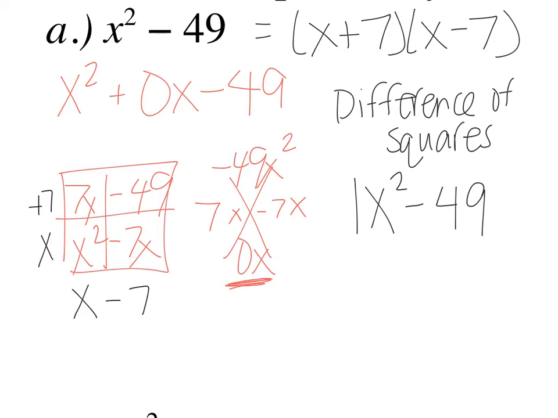It only works, though, if you are subtracting in between your two terms, and they're binomials. That means you have two parts. The coefficient in front of your x squared and then the constant, the number at the end, need to be perfect squares.